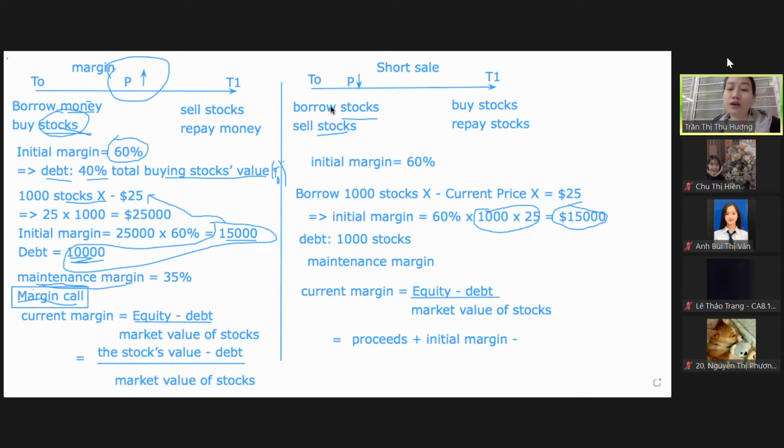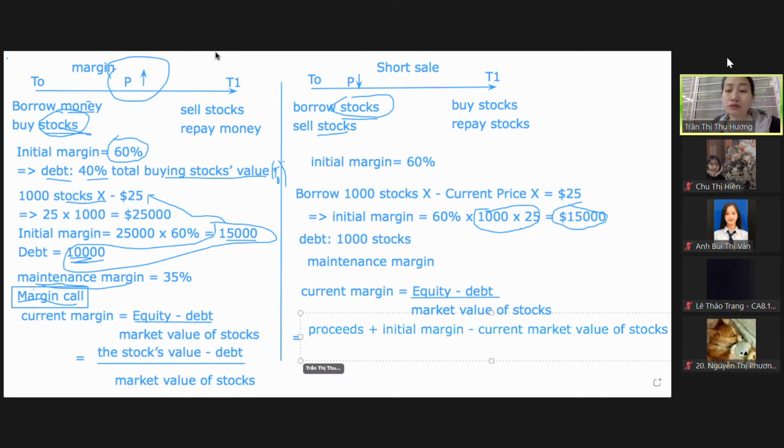So minus the current market value of the stock, divided by the market value of the stock. So this is the formula to determine the current margin in short sale.